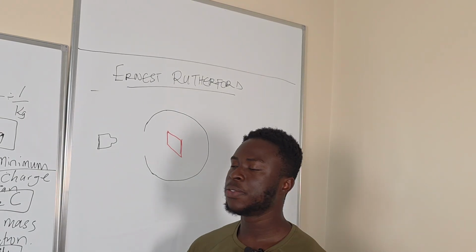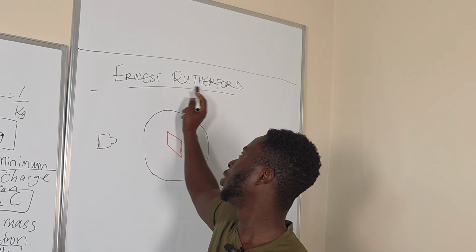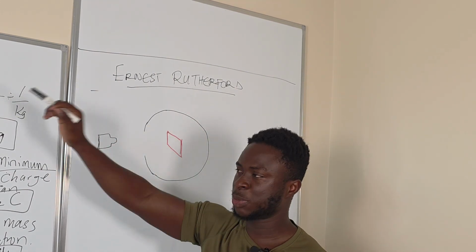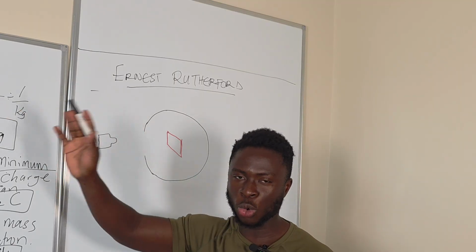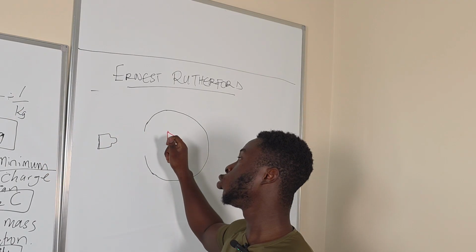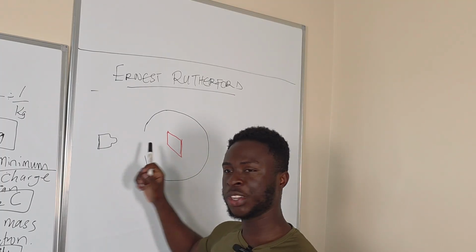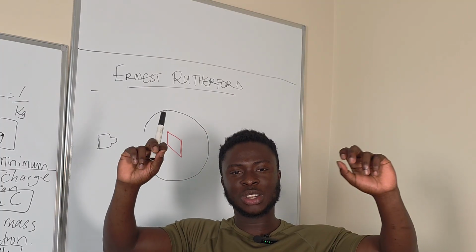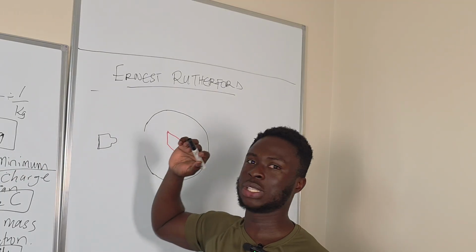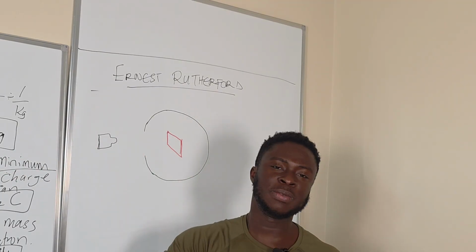So what Rutherford was saying is that if J.J. Thomson's experiment was valid, then anytime he shoots an alpha particle through the gold foil, which was a tiny atom stack, it should go straight through it. He wasn't expecting any repulsive forces.